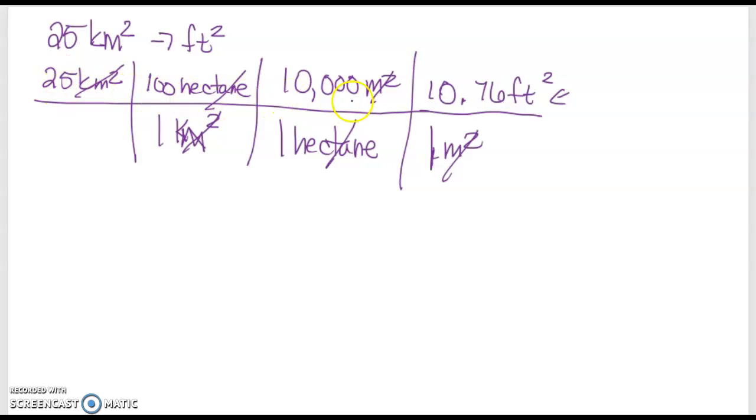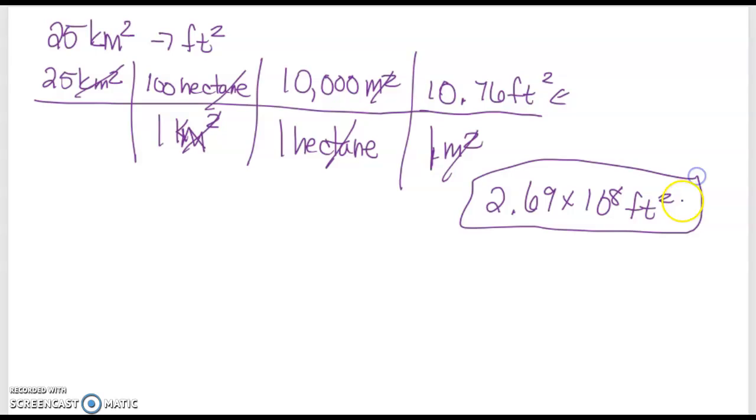So you're going to multiply this across in your calculator, divide it by 1, because 1 times 1 times 1 is 1, and you end up with a number like this, 2.69 times 10 to the 8th feet squared. And that would be your conversion, okay?